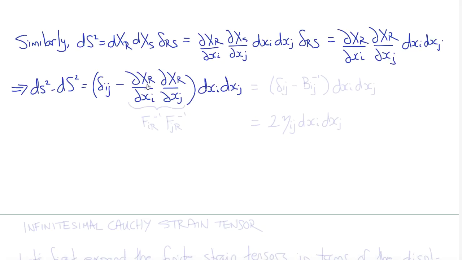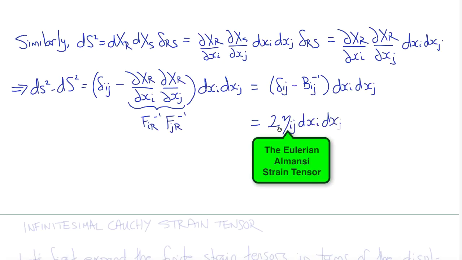And this time we notice that del Xr del xi is the inverse of F_ir, del Xr del xj is the inverse of F_jr, and their product is the inverse of the left Cauchy-Green deformation tensor b_ij. So now we get that the difference in the squared length changes is equal to 2 times a_ij, since this expression is 2 times the Almansi Eulerian strain tensor.